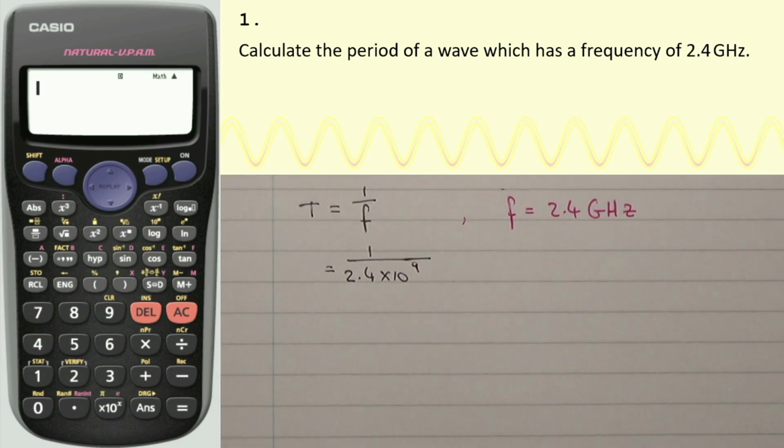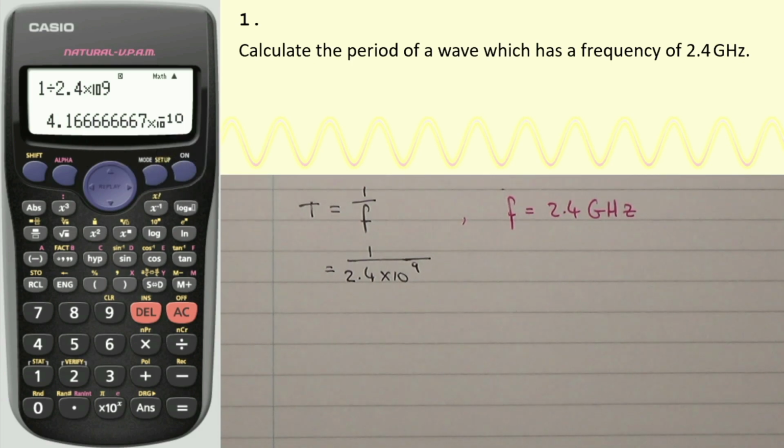Now to enter that into the calculator, we would just do 1 divided by 2.4, then this button here down at the bottom, times 10 to the power of, and then 9, and then equals. So of course that's written as 4.166666 recurring times 10 to the negative 10.